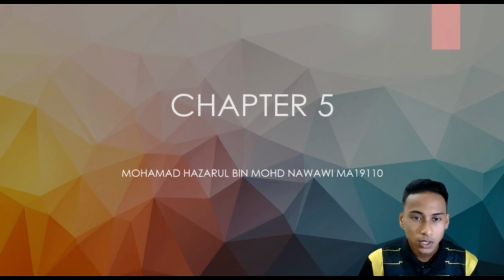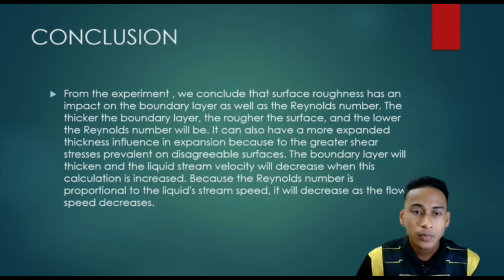If the speed of the flowing fluid is increased, the Reynolds number is also increased. From the experiment we have done, we conclude that the surface roughness has an impact on the boundary layer as well as the Reynolds number. The thicker the boundary layer, the rougher the surface, and the lower the Reynolds number will be.